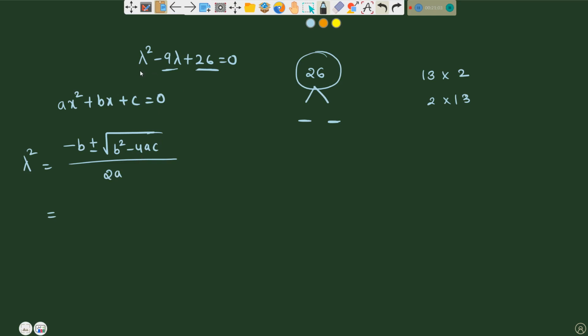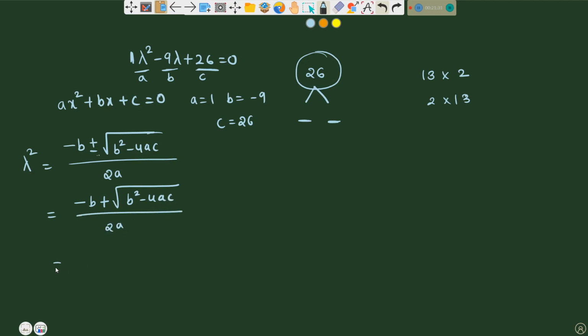Now here from this equation, a is 1, here nothing is there, so 1 will be there. Now b is minus 9, this is a, this is b, and this is c. b is minus 9, c is 26. Now put the values here, minus b, here plus or minus is there, you have to take one time plus, one time minus. Let me take plus first, b square minus 4ac divided by 2a.